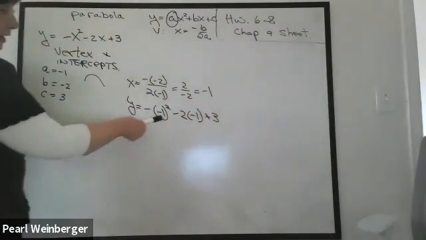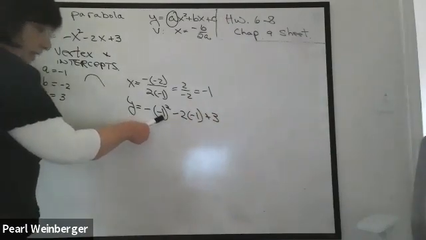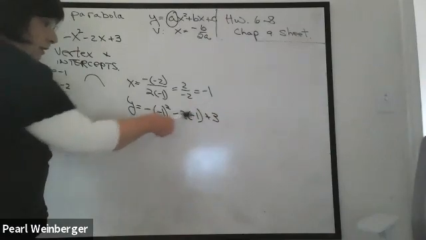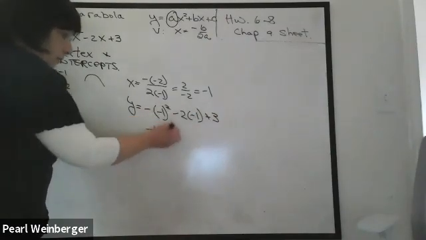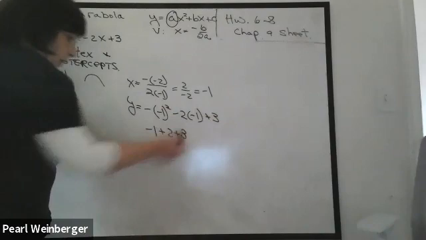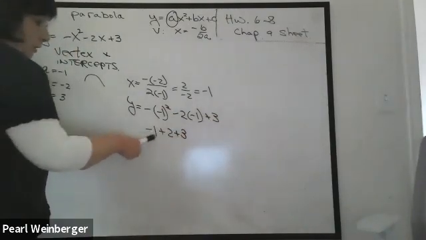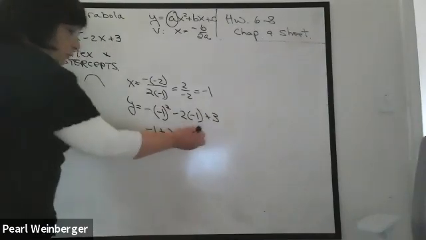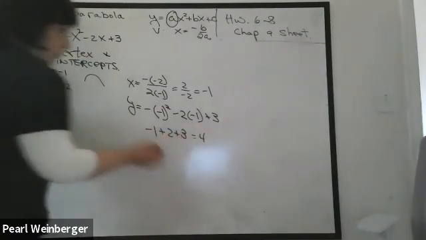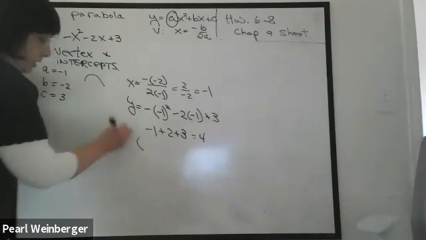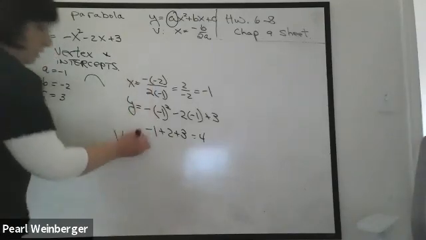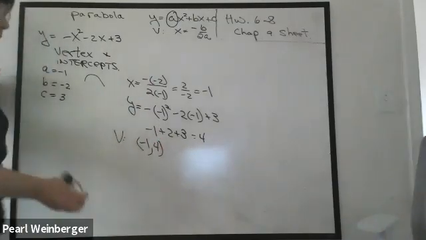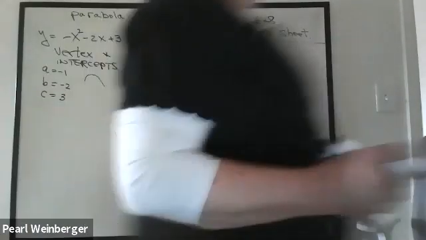And simplifying, -1 squared is +1, but there's a negative here, so this becomes -1. -2 times -1 is +2 plus 3. So this gives me -1 plus 2 is 1, plus 3 is 4. So my vertex turns out to be the point -1, +4. And that's what I have to look for.